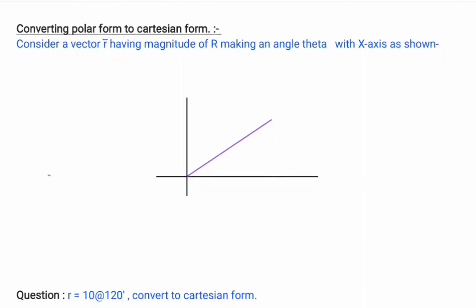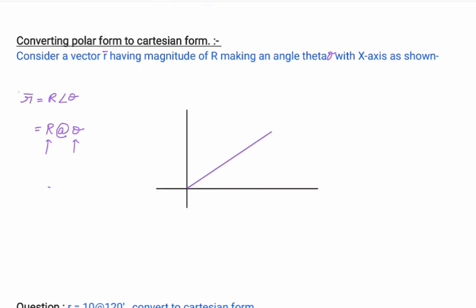Consider a vector R having a magnitude of capital R and making an angle of theta with the x-axis. Always remember, in some books this is also written like magnitude @ theta. This is the magnitude and this is the angle from the x-axis. This is a basic representation in some books, but we are going to follow this one.